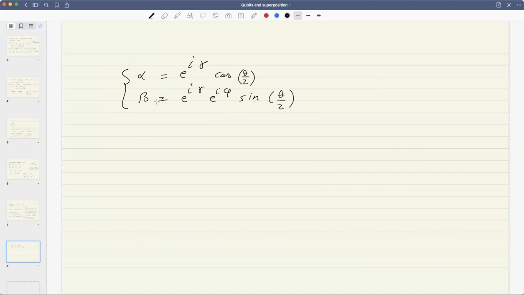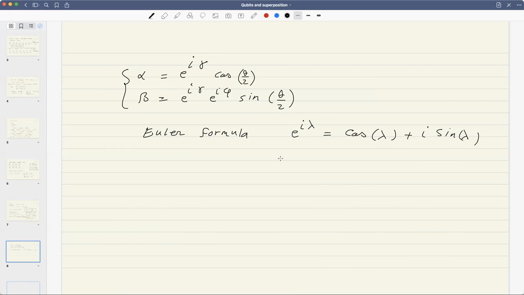So let me briefly also talk about what this means, like the complex exponential. There is a very important relationship known as the Euler formula that says e to the I whatever, let's call it lambda for some real number, is cosine of lambda plus I sine of lambda.